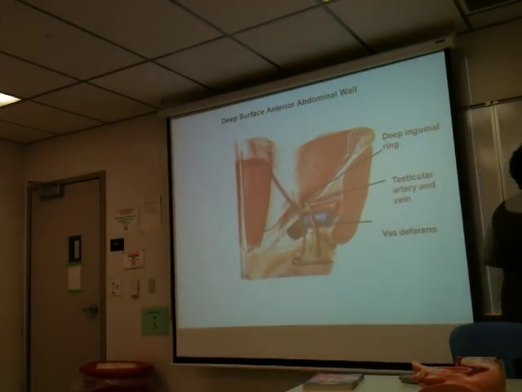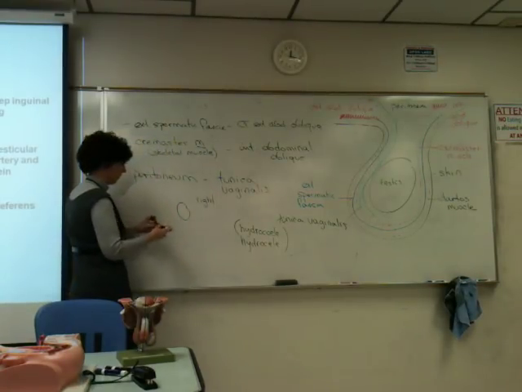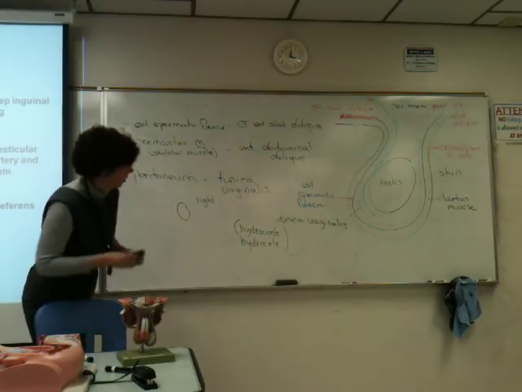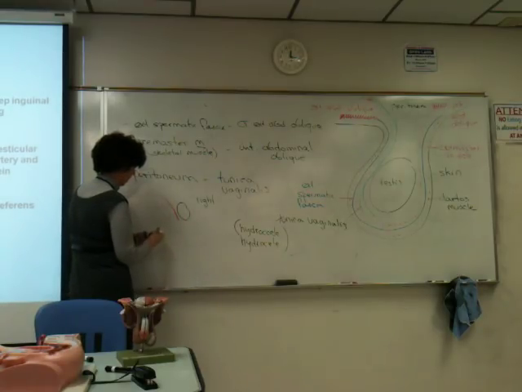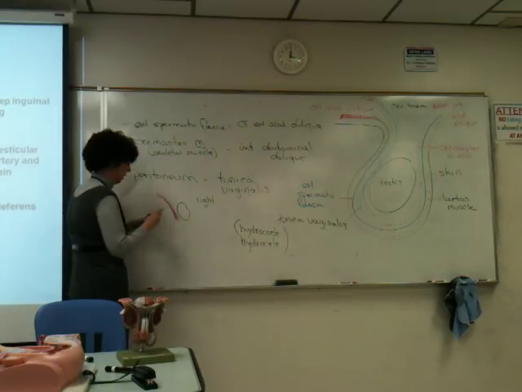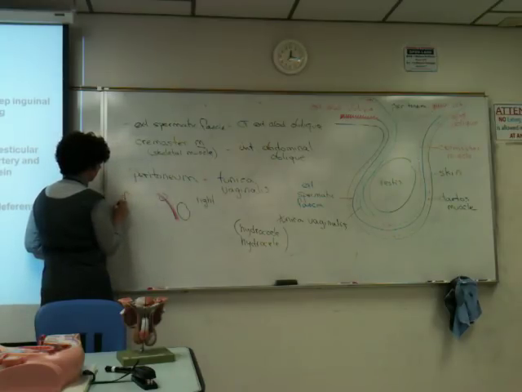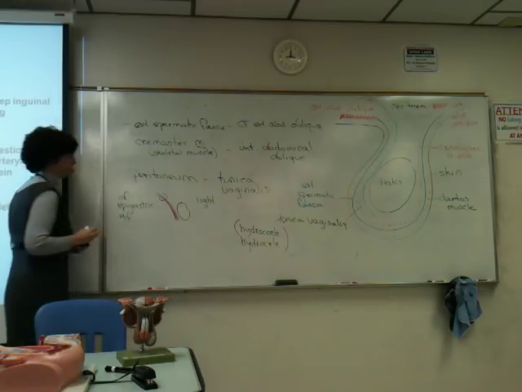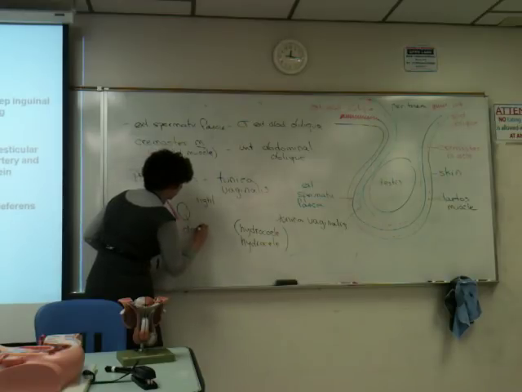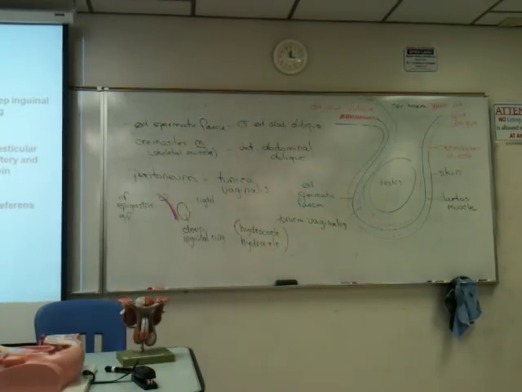So if this is our right side, here would be the deep inguinal ring, and these would be the inferior epigastric artery and vein. Deep inguinal ring. So why is that important?